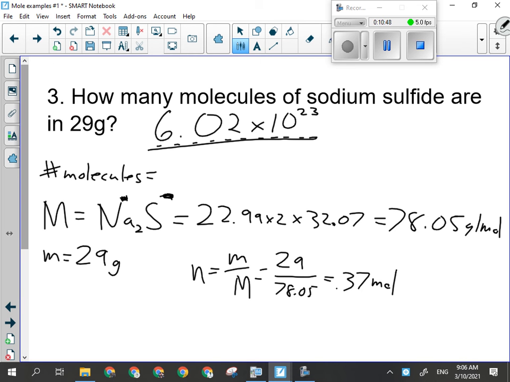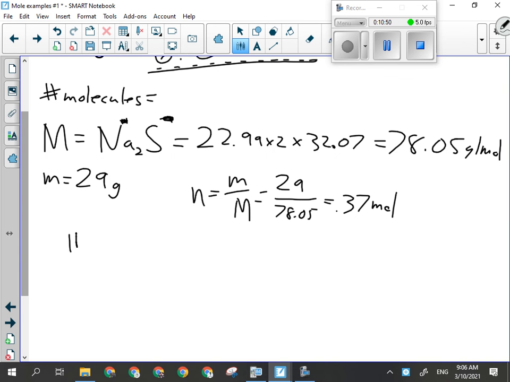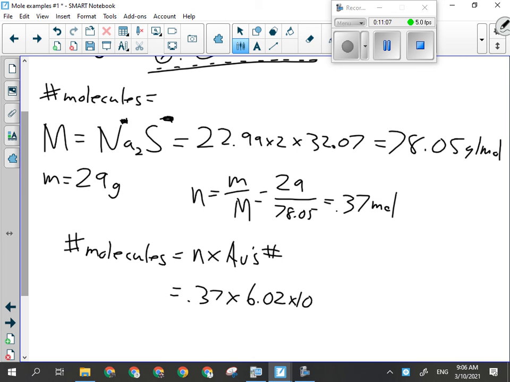All right, so I'm going to say the number of molecules equals n times Avogadro's number. In this case, that's going to be the 0.37 with all the other decimal places, multiplied by 6.02 times 10 to the 23.